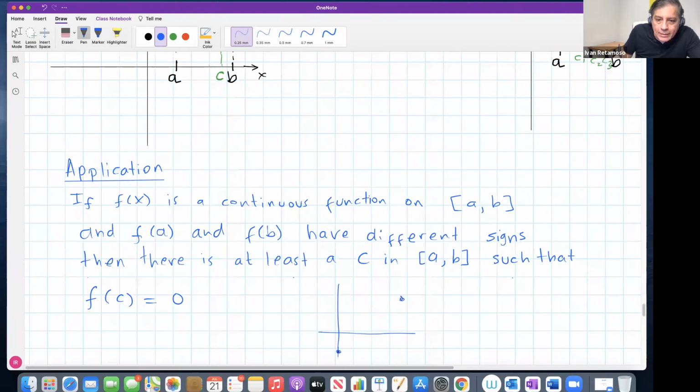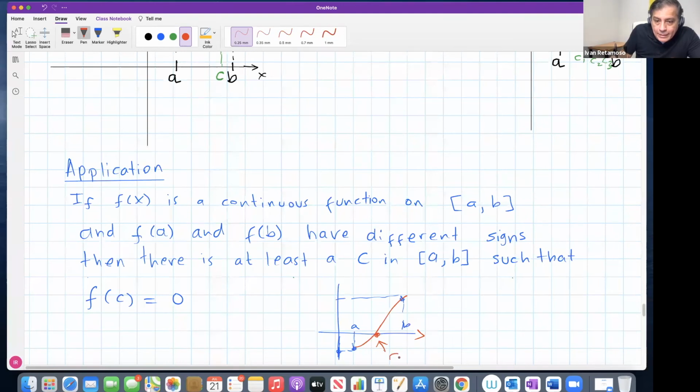Continuously, let's say from here to here. So in general, let's say this is a and b. The evaluation at a is negative, the evaluation at b is positive. Since the function is continuous, it has to go through the x-axis.